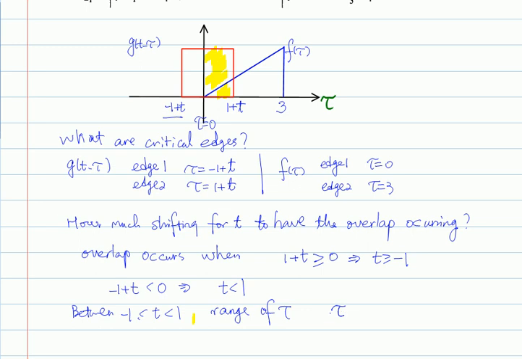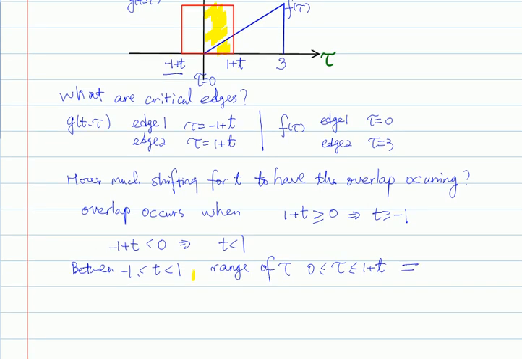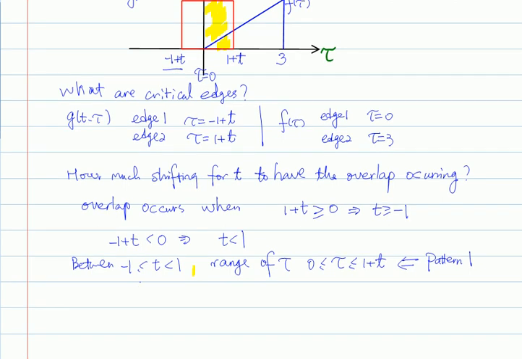In this case it's pretty obvious: tau is between 0 and 1 plus t. So there you go, this is basically pattern number 1 for the convolution. Let's do the convolution here. The convolution is f of t convolved with g of t, and as we just found out, the range of tau is between 0 and 1 plus t.